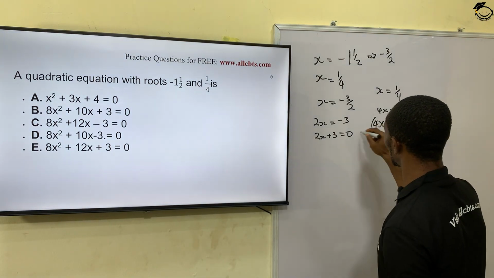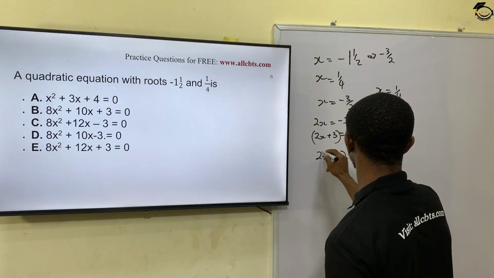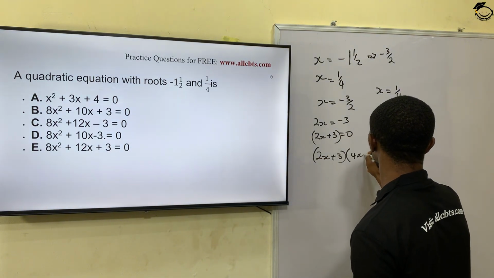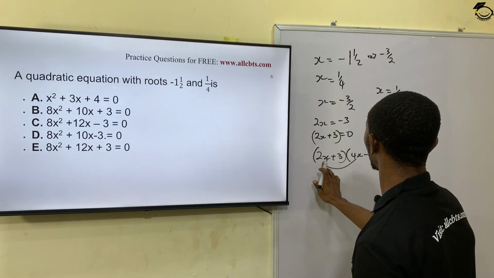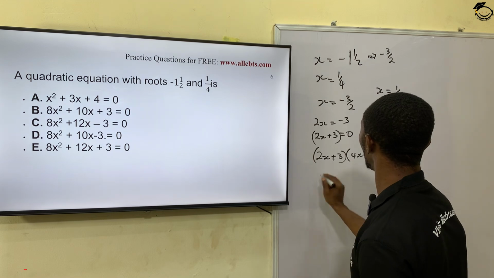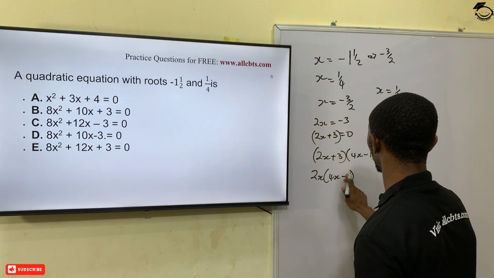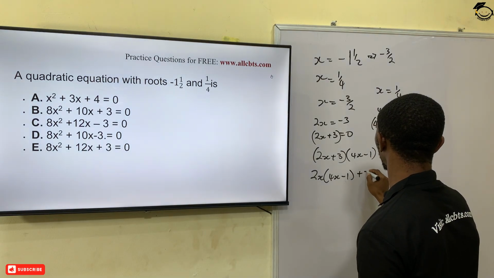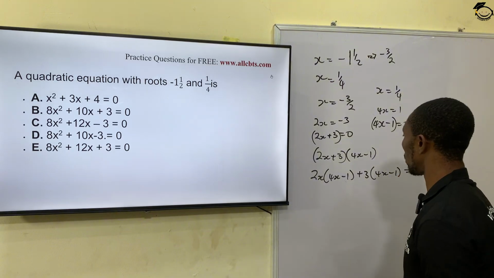Now, bringing these two terms together, we have 2x plus 3 times 4x minus 1. Let's do it this way: 2x bracket 4x minus 1 plus 3 bracket 4x minus 1 equals 0.